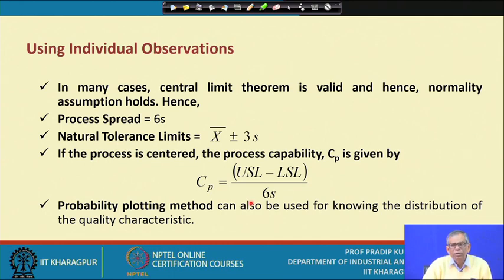If this assumption is valid, then the process spread is obviously 3 sigma plus 3 sigma, that is 6 into sigma. So this is just one case.